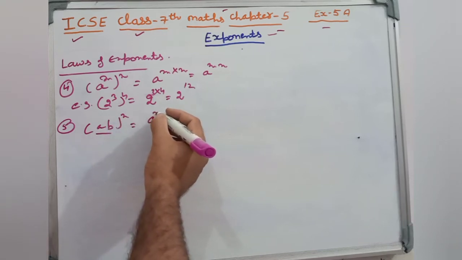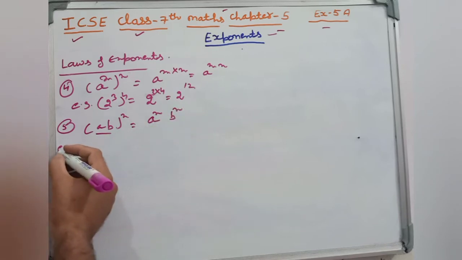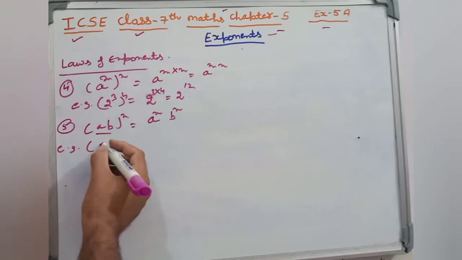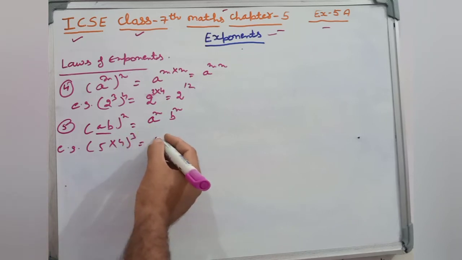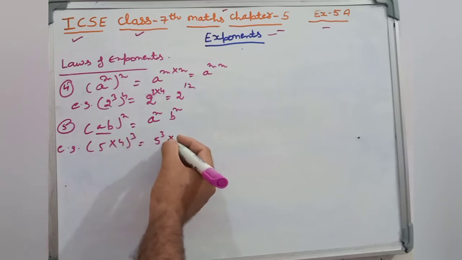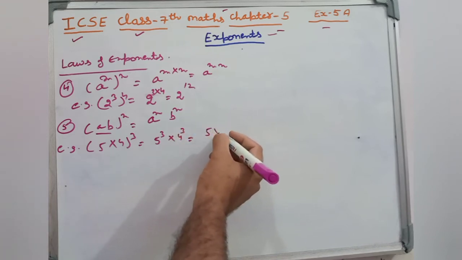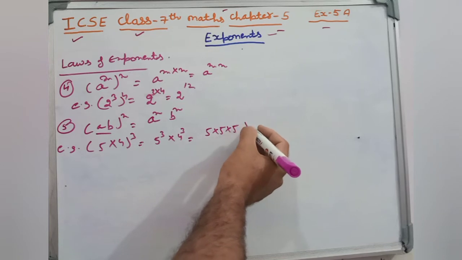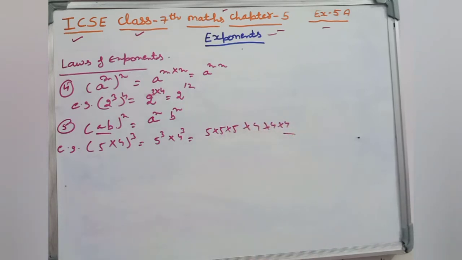This means a raised to power n, b raised to power n. If I take the example 5 into 4 raised to power 3, this will be 5 raised to power 3, 4 raised to power 3, right? 5 multiplied 5 multiplied 5 multiplied 4 multiplied 4 multiplied 4. Right?